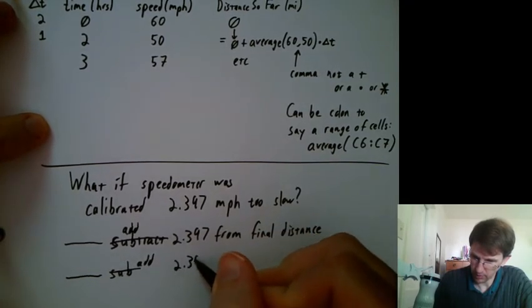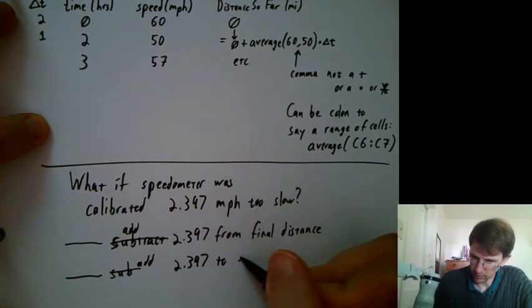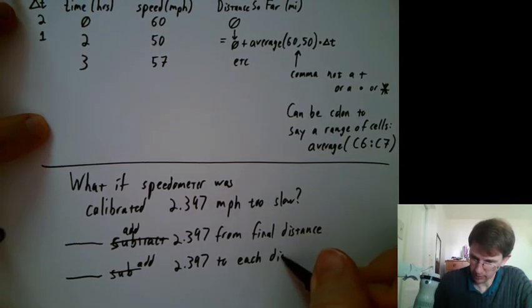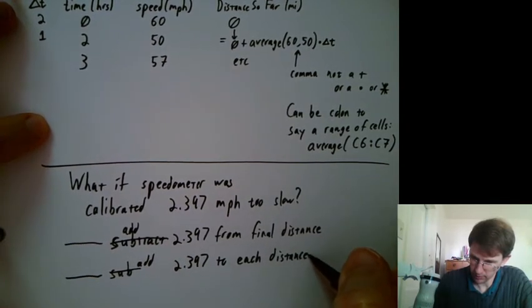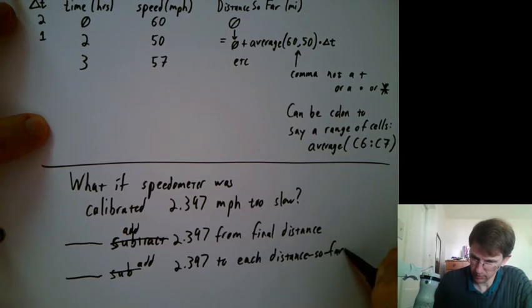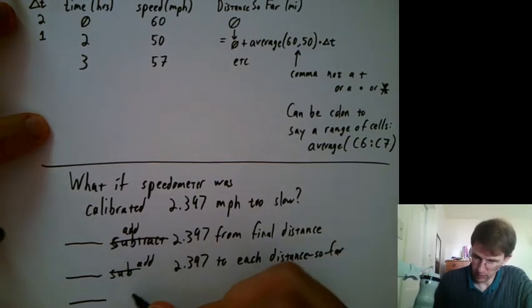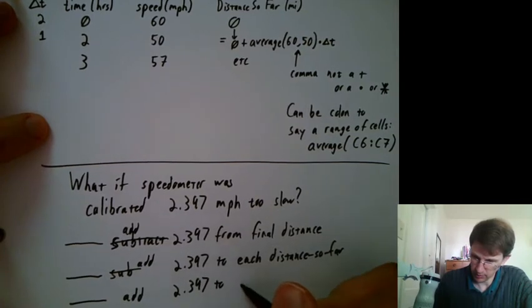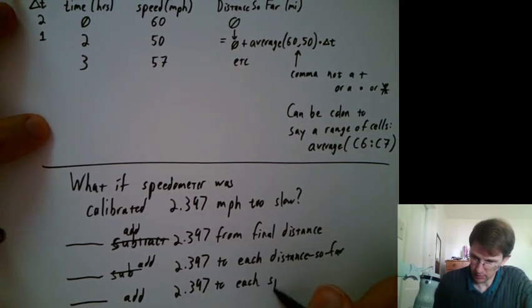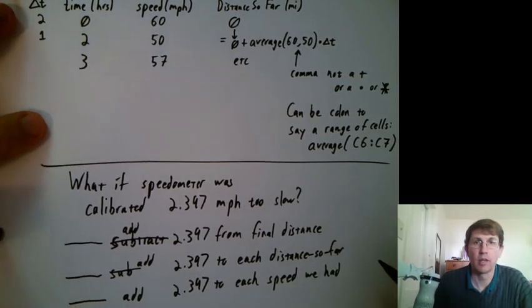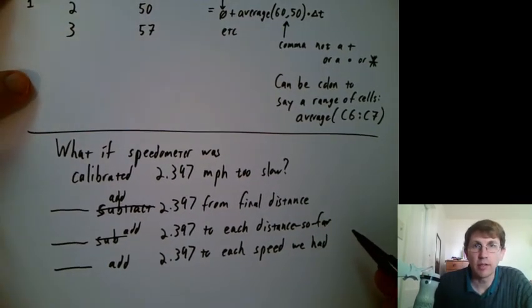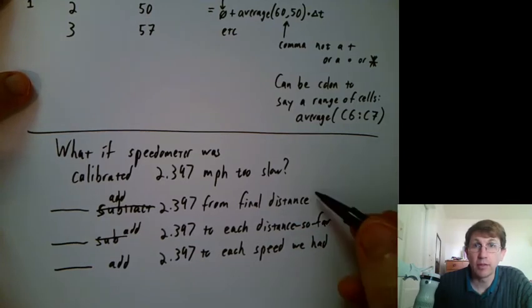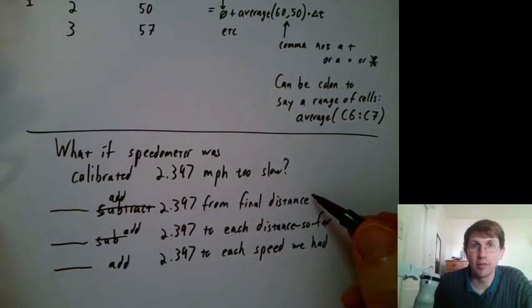Add 2.397 to each distance so far. Or we could add 2.397 to each speed that we had. Which of those do you think is the best idea? This one's the least work. You only do it once. You only do one computation.